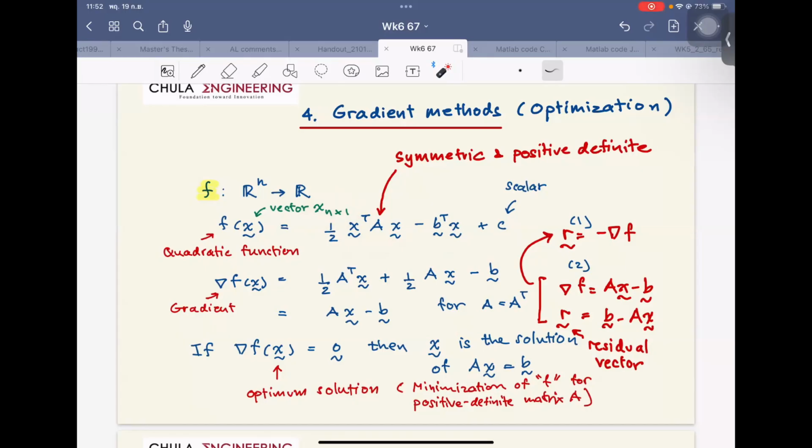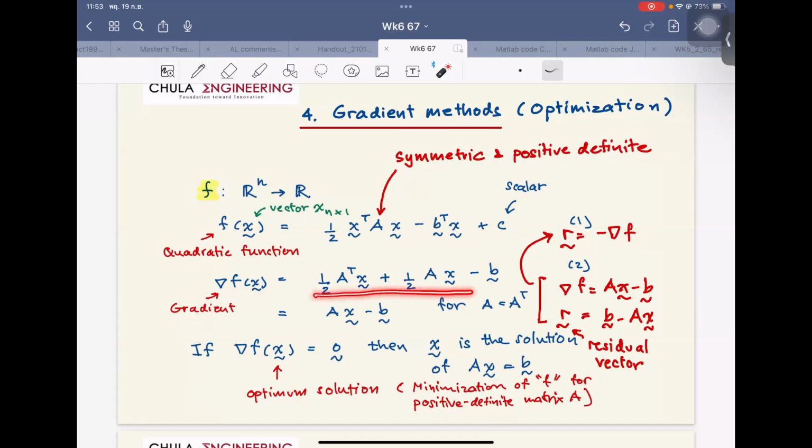Now in vector calculus, the operator here is called the gradient. You can think of it as a differential operator. When you take the gradient, the gradient of the function will be this. You have to review vector calculus a little bit.